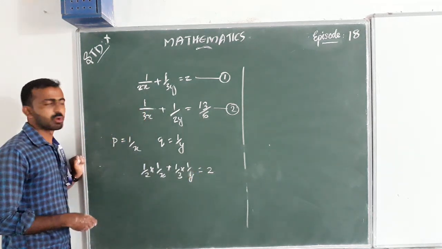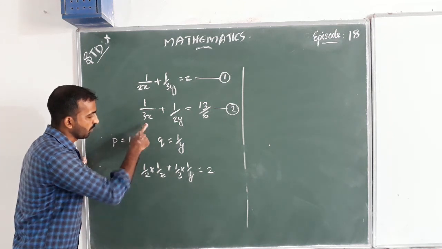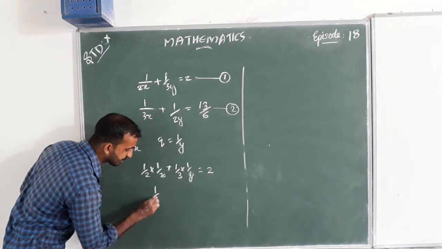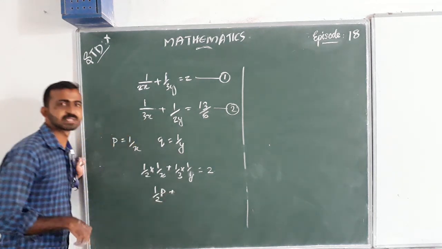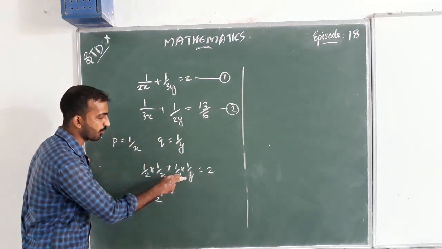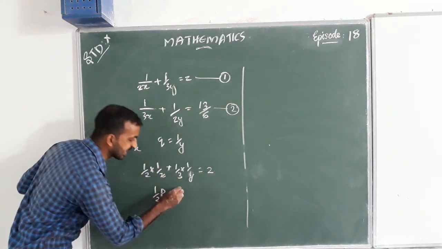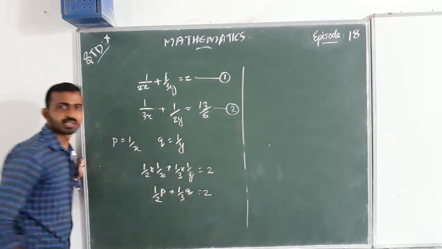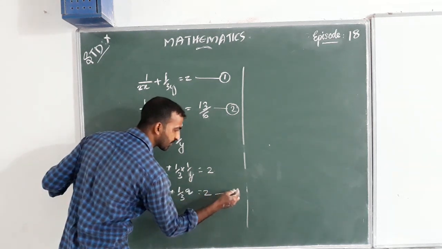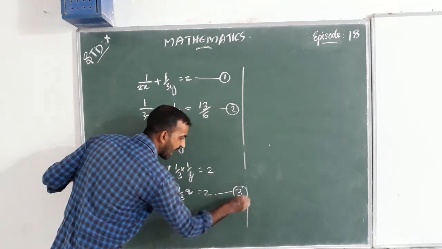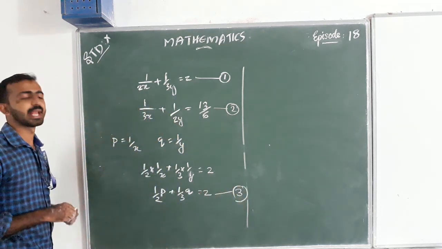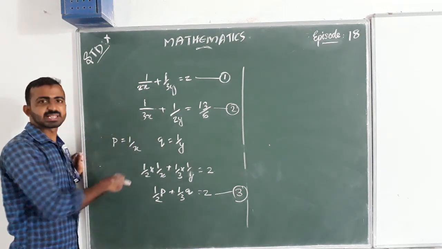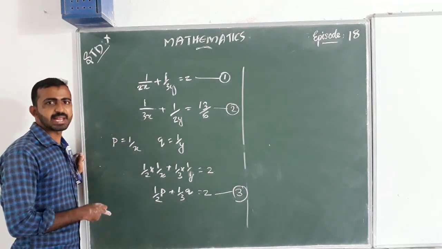And here we can write 1 by 2p plus 1 by 3q equal to 2. This we take as equation number 3. Is it? Yes.